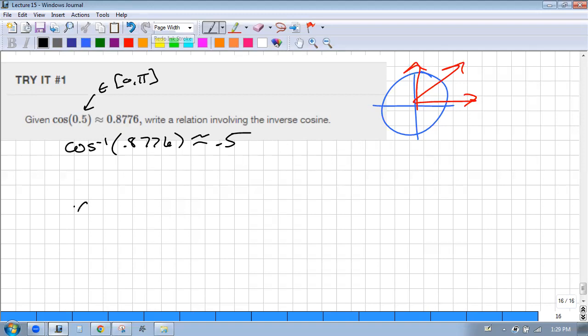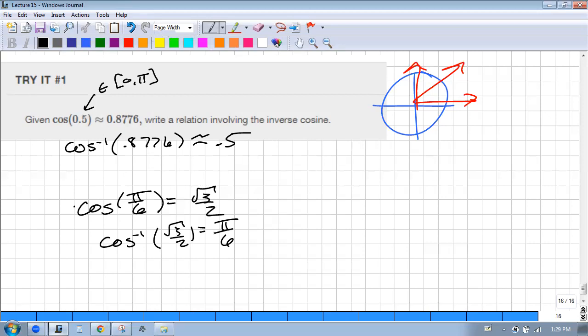Okay, just like cosine of pi over 6 is root 3 over 2, I could say cosine inverse of root 3 over 2 is pi over 6. Right? Where is pi over 6? It's right here. But what if I did cosine of negative pi over 6?